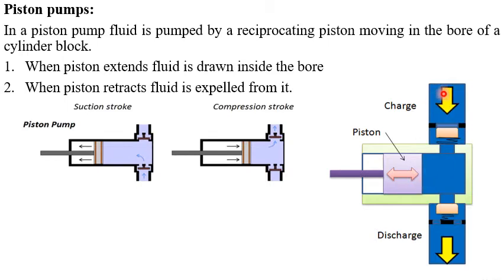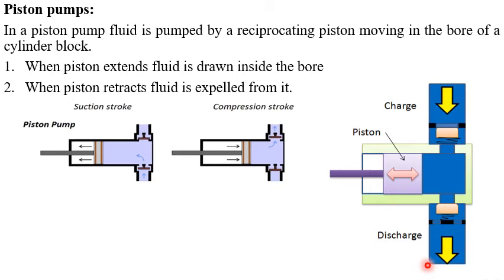As liquid enters through the inlet valve, the piston moves away or outward, and because of the prime mover, the piston compresses the liquid. So the liquid's pressure level increases, and the pressurized liquid will move out through this outlet valve to the rest of the hydraulic system.